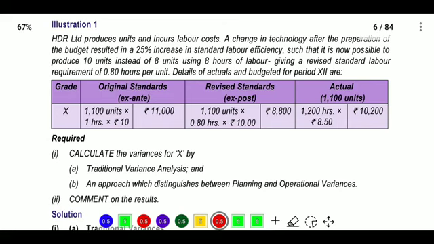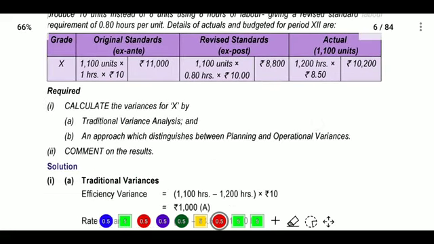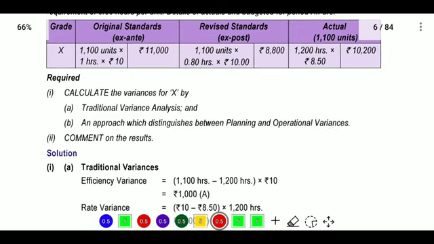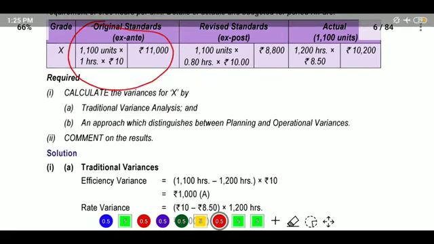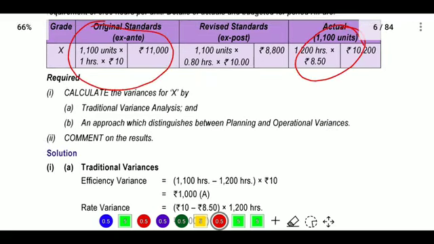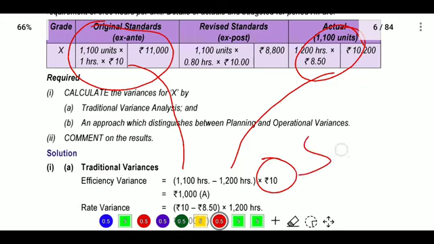Next, first, what is there? Traditional variance analysis. Traditional variance analysis means what? Here we will see first the original and the actual position. So 1100 units into 1, that is the standard minus actual into price. Price means always standard price, so 10 rupees is always the standard price.